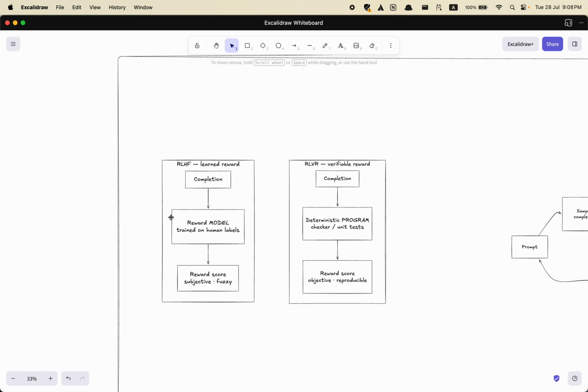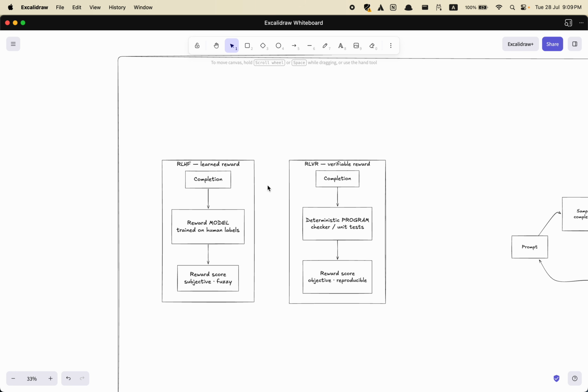It's very subjective and quite expensive to build compared to a verifiable reward. And because of that, you can start to add biases. It can be very fuzzy and subjective in its reward scoring style.